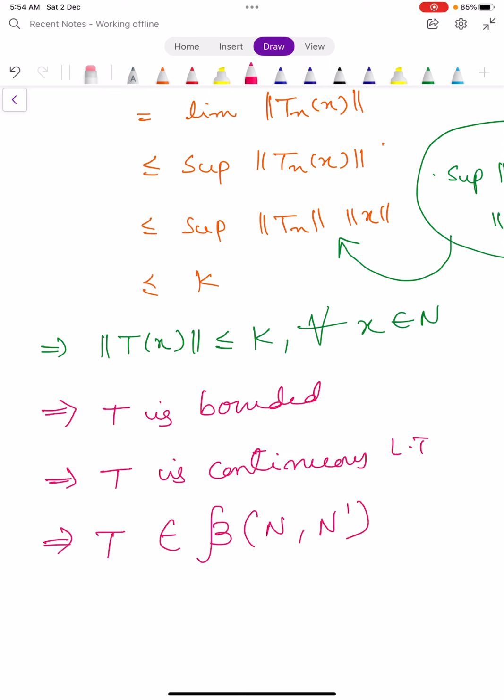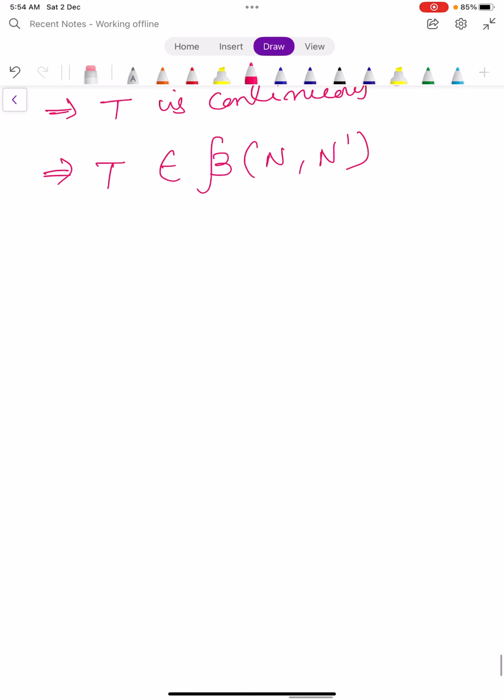So we prove that there is a Cauchy sequence Tn of x that converges to T of x, and T of x is a continuous linear transformation which belongs to script B of N comma N dash.